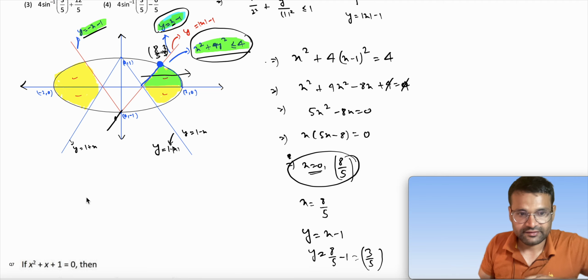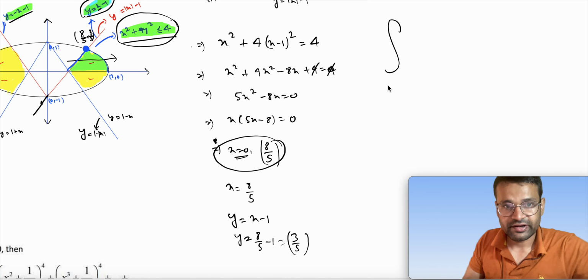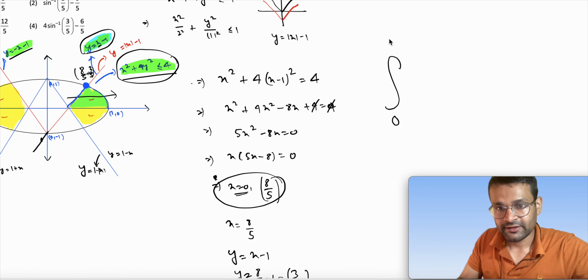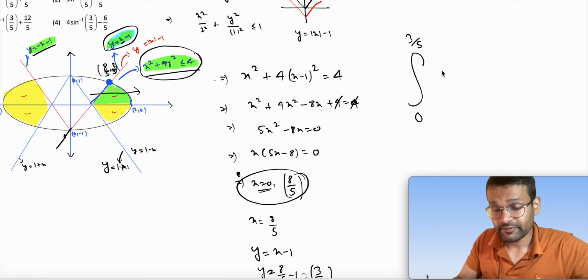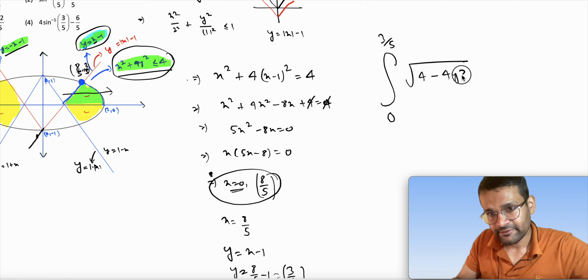you integrate with respect to dy from 0 to 3/5, because the y coordinate is 0 to 3/5, the integrand being the square root of 4 - 4y², minus (5y + 1).